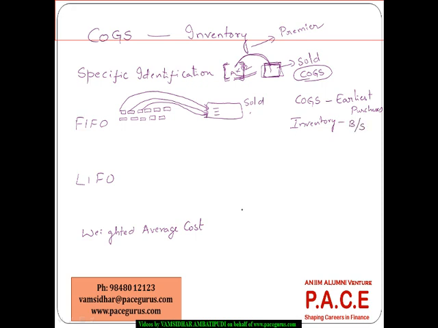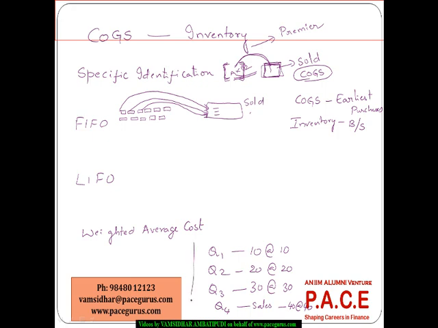Now just to demonstrate it with an example, let's say in Q1 I have purchased 10 materials at 10 bucks. In Q2 I have purchased 20 materials at 20 bucks per material. In Q3 let's say I have purchased 30 materials at 30 bucks. Whereas in Q4 there is a sale that has happened of 40 materials at 40 bucks.